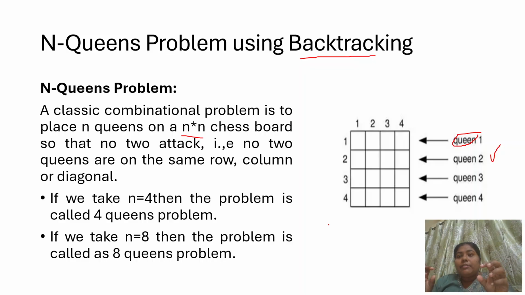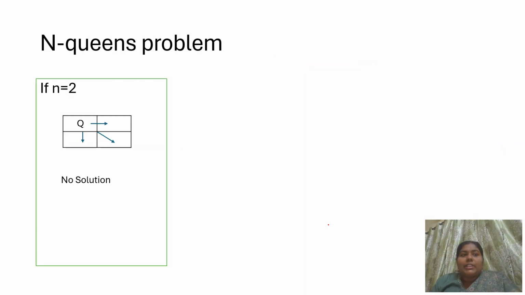If there is an unsafe state, we remove that queen, go back to the previous solution, and try another option.